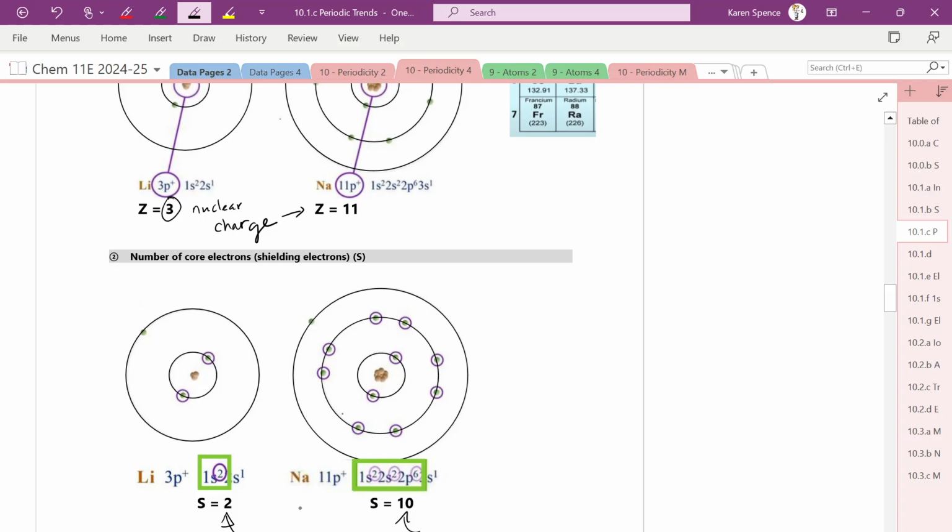What's the difference between 10 and 2? 8. So we've increased the protons, but we have increased the shielding electrons by the same amount, okay? And that's why the effective nuclear charge stays the same.